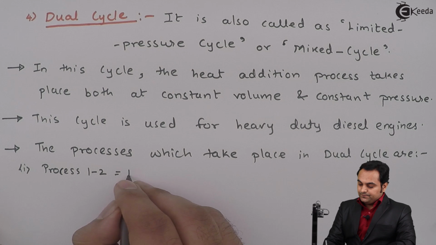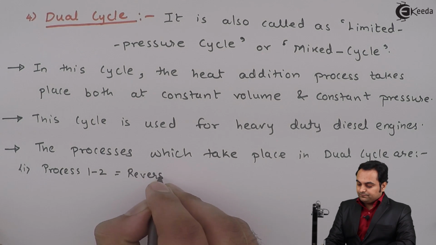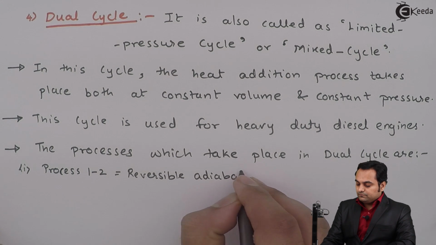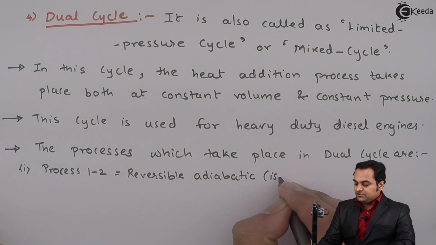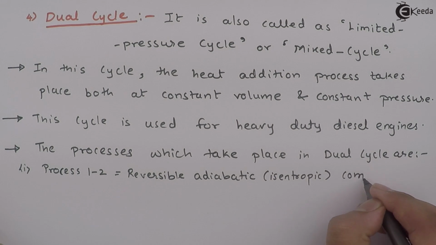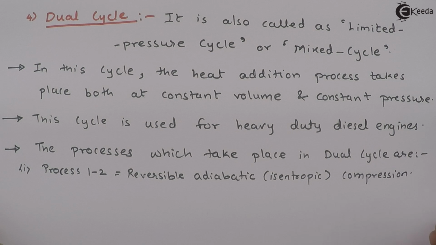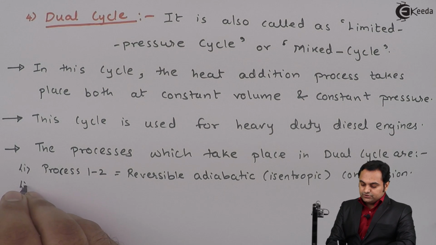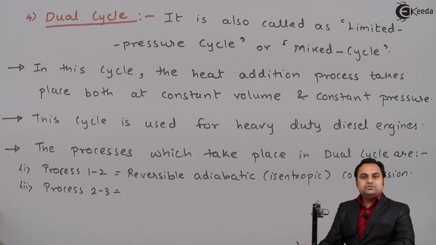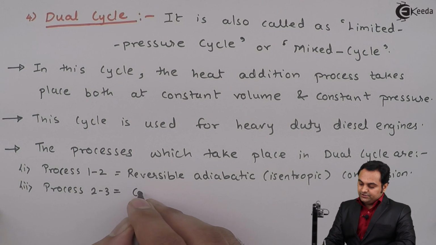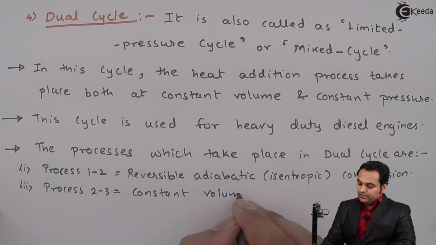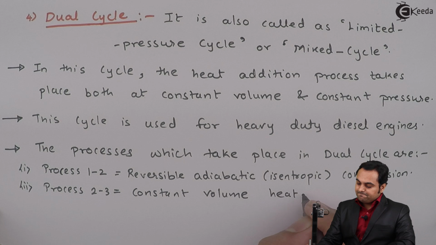It is called reversible adiabatic, which is isentropic compression. Then process 2 to 3, which is called constant volume heat addition.